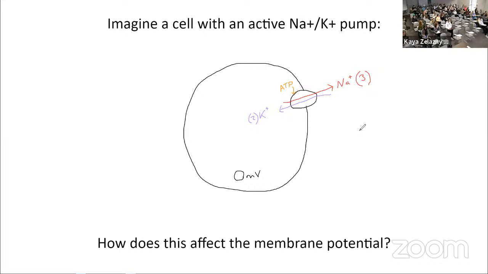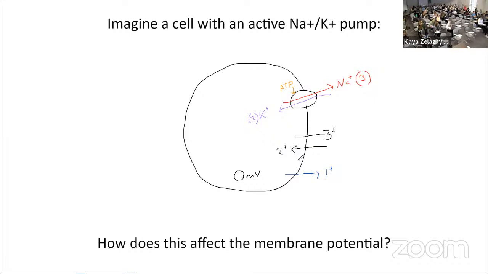So negative. Yeah, exactly. Right. They said this is going to become negative, right? So we're moving 3 positive charges out. We're moving 2 positive charges in. So essentially, what we're doing is exporting, so moving 1 net positive charge.